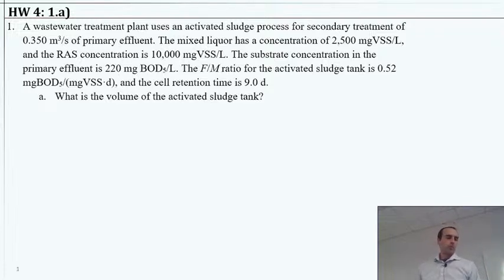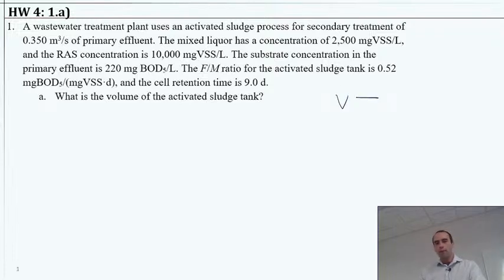Okay, so with that, let's take a look at homework 4 so you can see what's going on. Ask me any questions you've got. If it sparks something else, please speak up if you want to know about something else. All right, so the first problem: we have a wastewater treatment plant using activated sludge for secondary treatment. We've got a flow rate of primary effluent, and remember, primary effluent means we are coming out of some primary sedimentation.